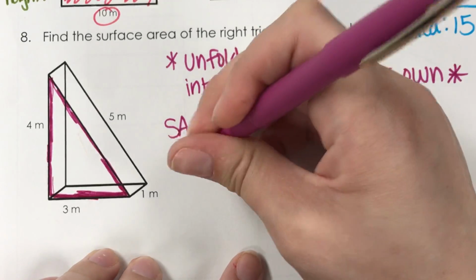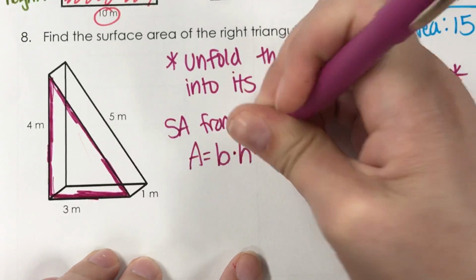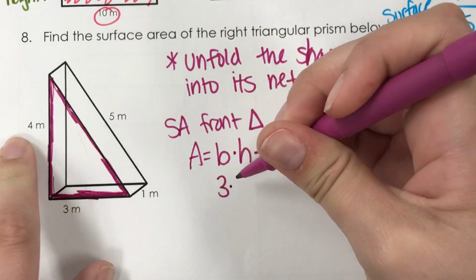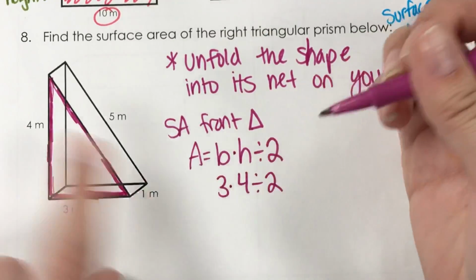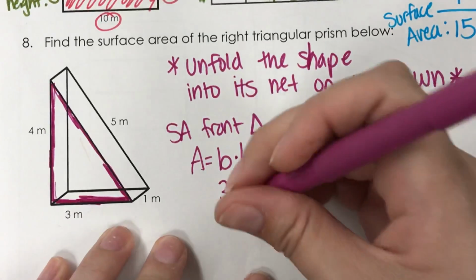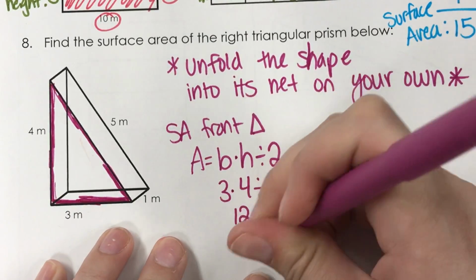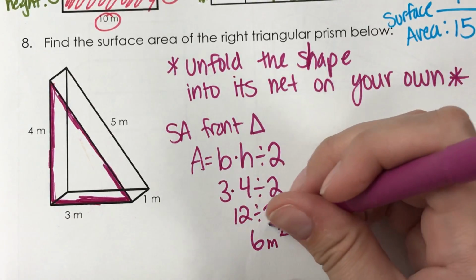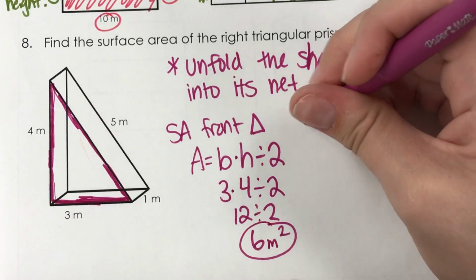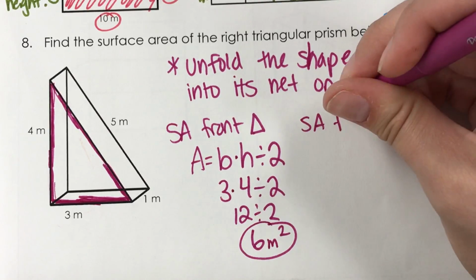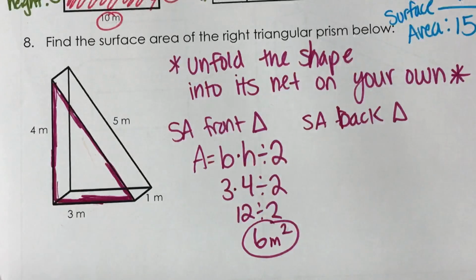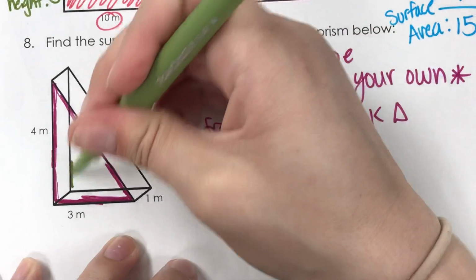That's area equals base times height divided by 2 for a triangle. In this case, my base is 3. My height is 4 divided by 2. Oh, it's kind of like this one up here. So that means it's 12 divided by 2, which is 6. And that's meters squared. And now I'm going to find the surface area of my back triangle, which I'm going to use a different color. I'm talking about this one back here.